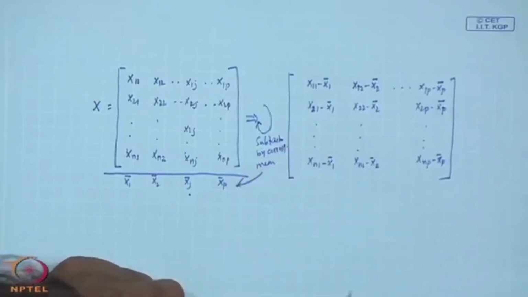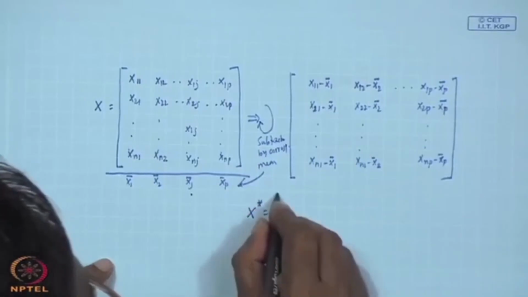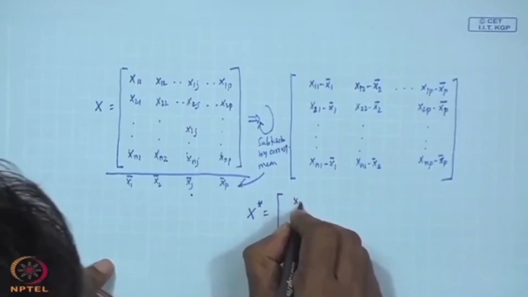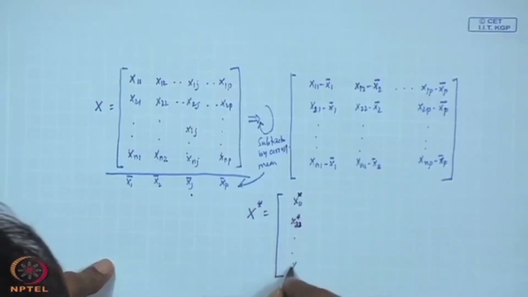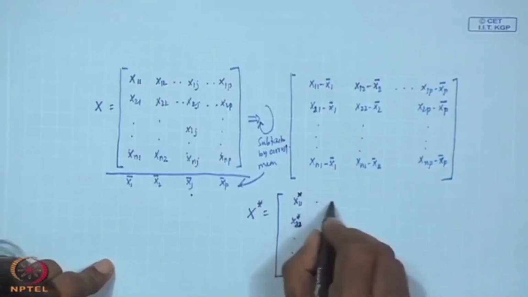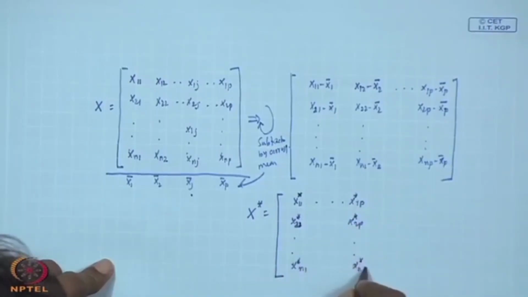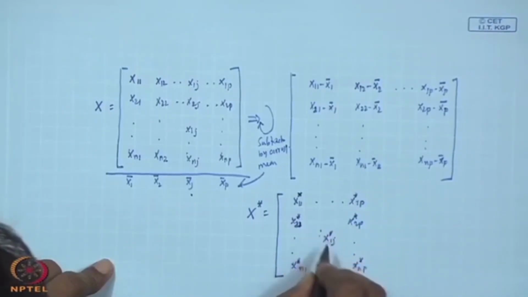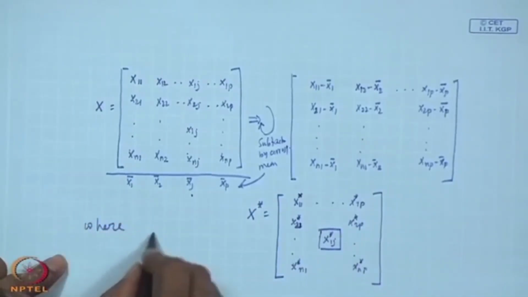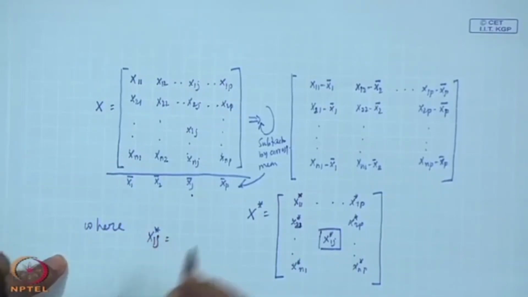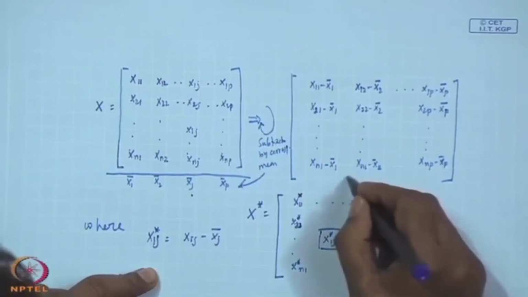Instead of writing this minus this, suppose I write x star like this: x star 11, x star 21, so like this x star n1. In the same manner I am writing x star 1p, x star 2p, like this x star np, and somewhere there will be x star ij, the general one, where x star ij is x ij minus x j bar. That means this is the same matrix.